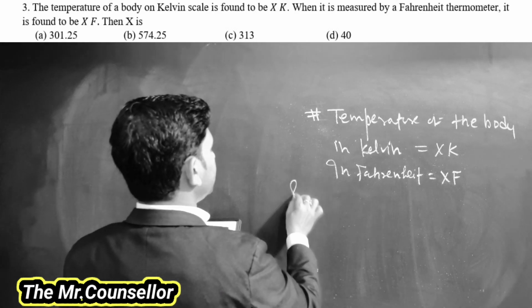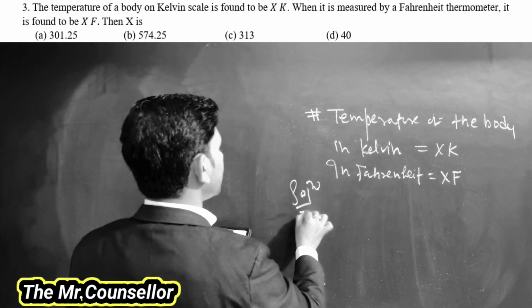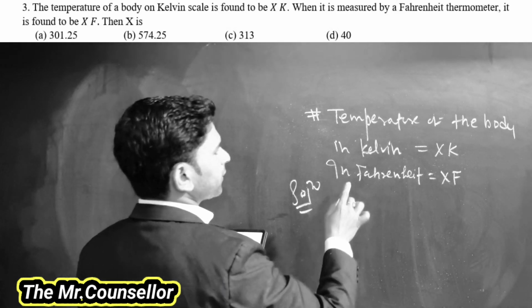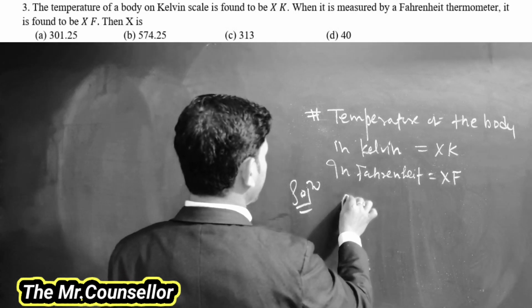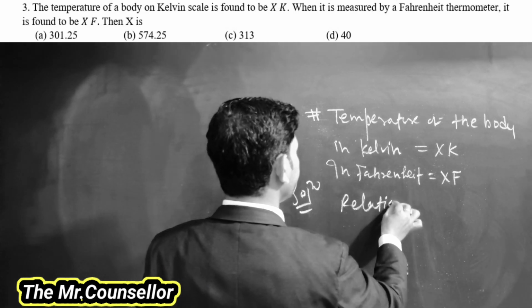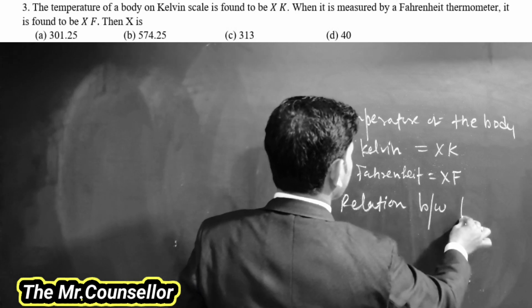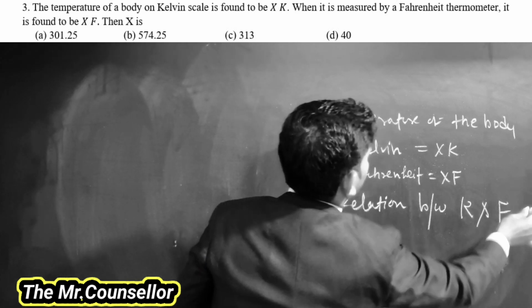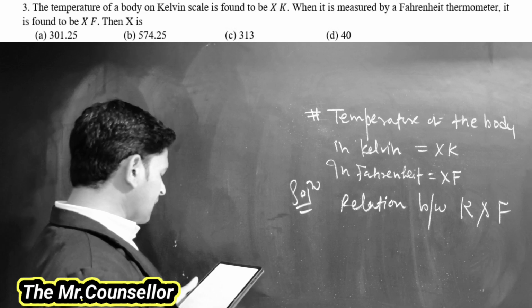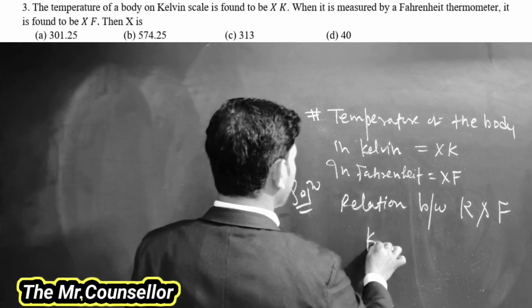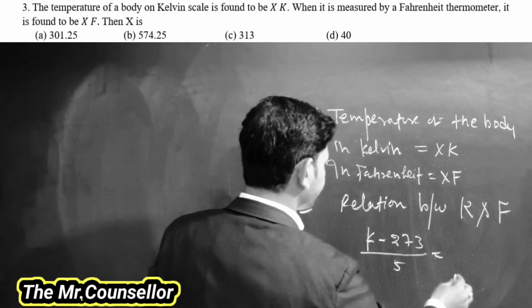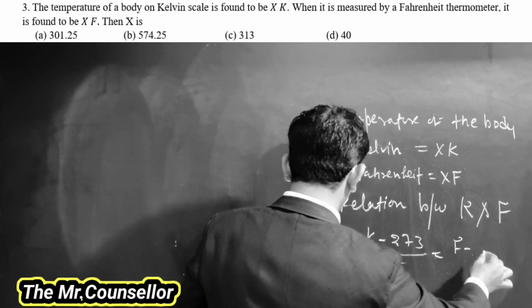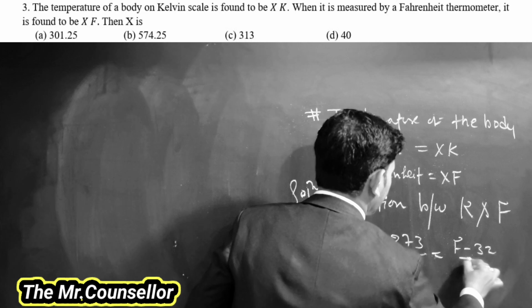So you know the relation between Kelvin and Fahrenheit. It is a very simple relation: K minus 273 divided by 5 is equal to F minus 32 divided by 9.